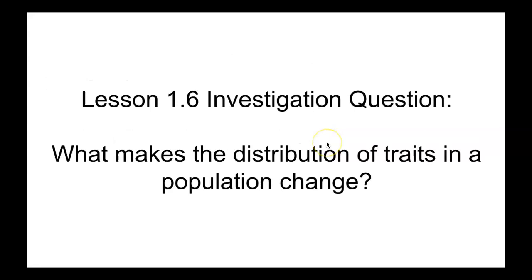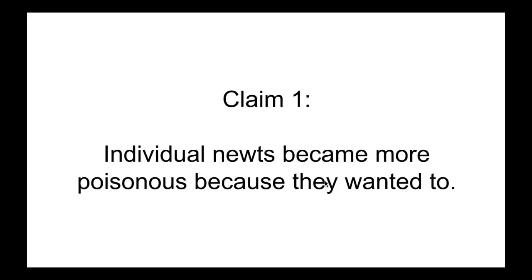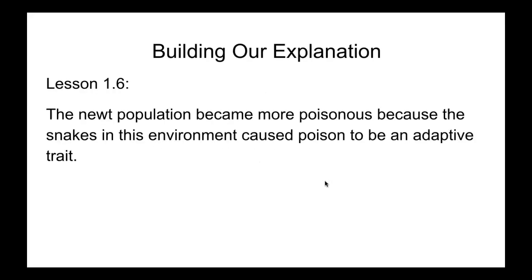So again, adaptive means a trait that makes it more likely that an individual will survive in a specific environment. So in the presence of snakes, having poison made you more likely to survive.